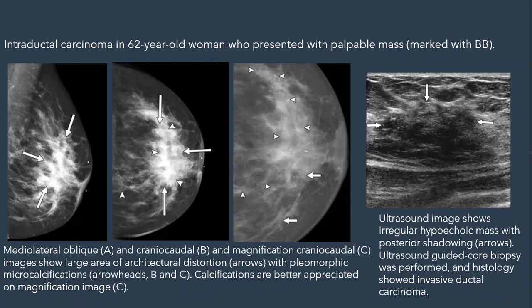The microcalcification is definitely better appreciated on spot magnification. Look at the ultrasound, which demonstrates an indistinct, irregular, heterogeneous hypoechoic mass with posterior shadowing, and the guided biopsy revealed invasive ductal carcinoma.